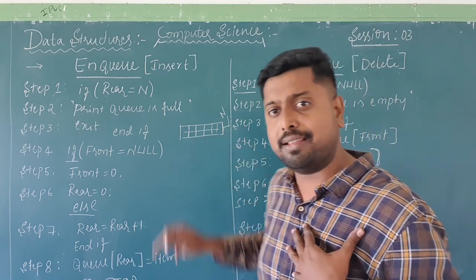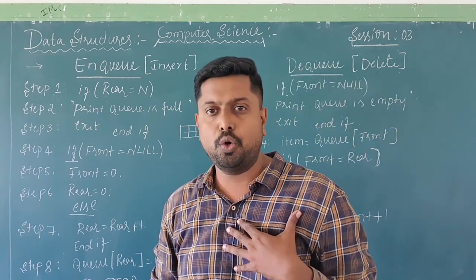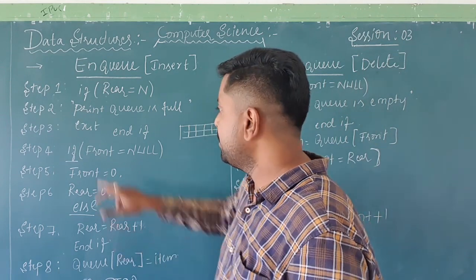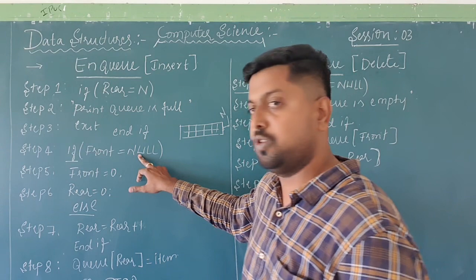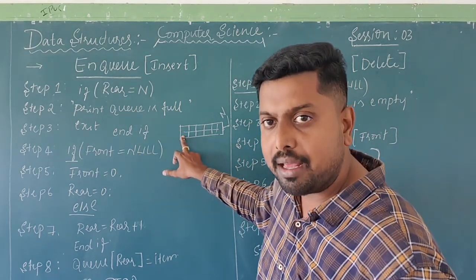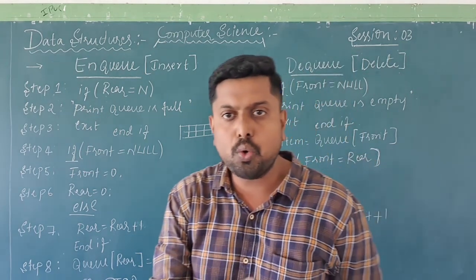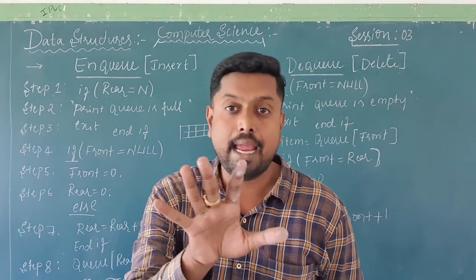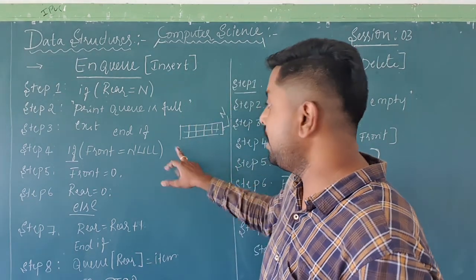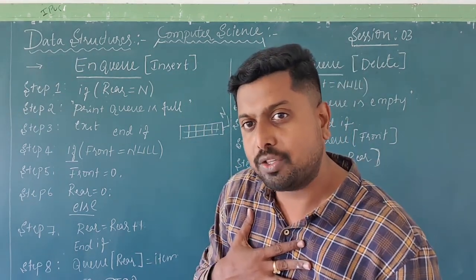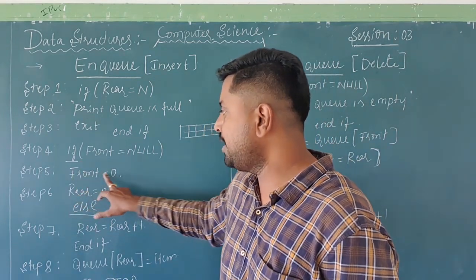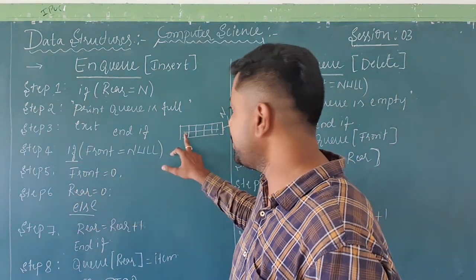But when we have a chance to add a new element to the queue, it must contain at least one blank element. So if front is equal to null, here there is no element. No element means now the queue is empty. That time, yes, we have a chance to add a new element. That's why in the condition, step 5, front is equal to 0, rear is equal to 0.